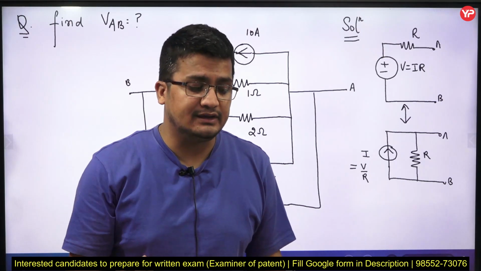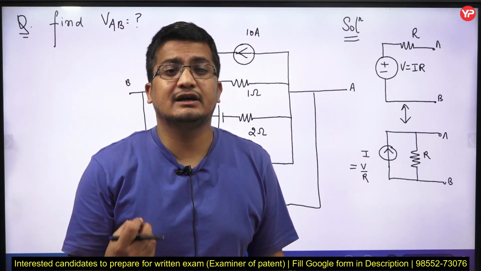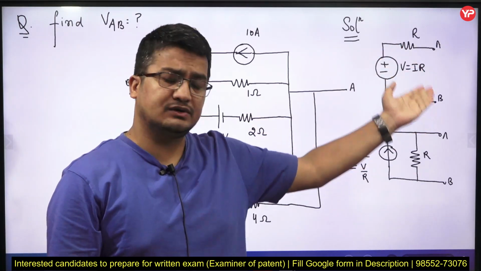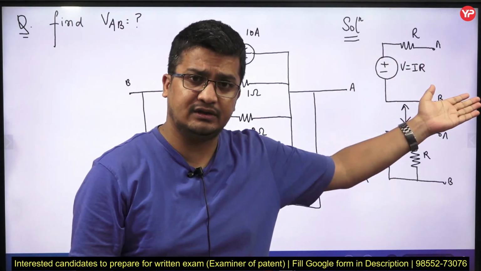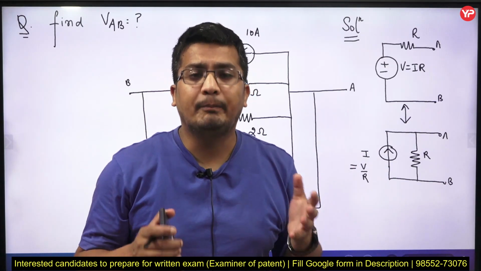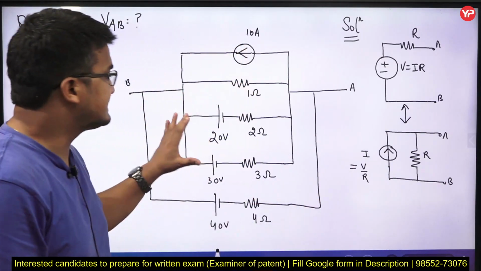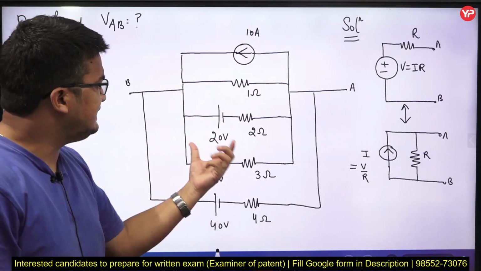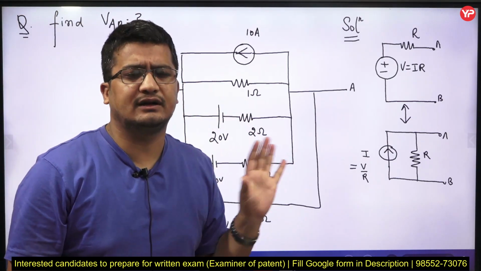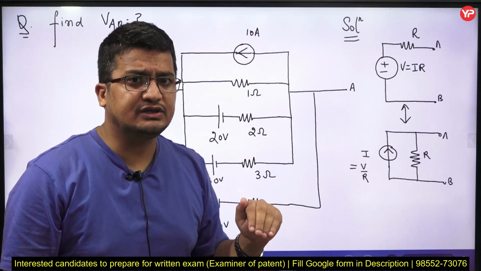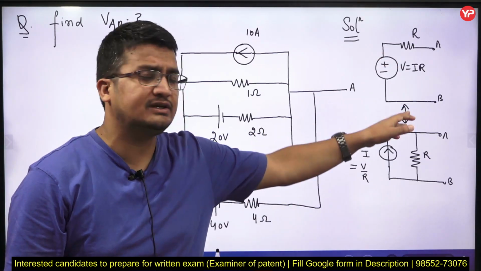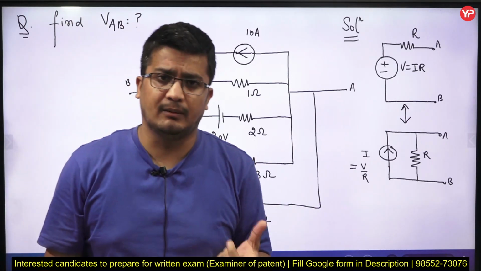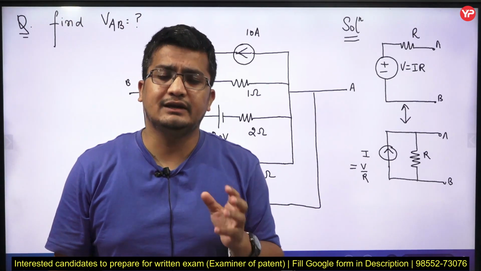As per your convenience, you can use this transformation, either from voltage source to current source or the reverse, to minimize the complexity of your circuit. This is a very simple circuit, but it may seem at first go that it's very complex. If you understand that this transformation can be applied, then this question is reduced to a very small problem and you can solve it in very little time.